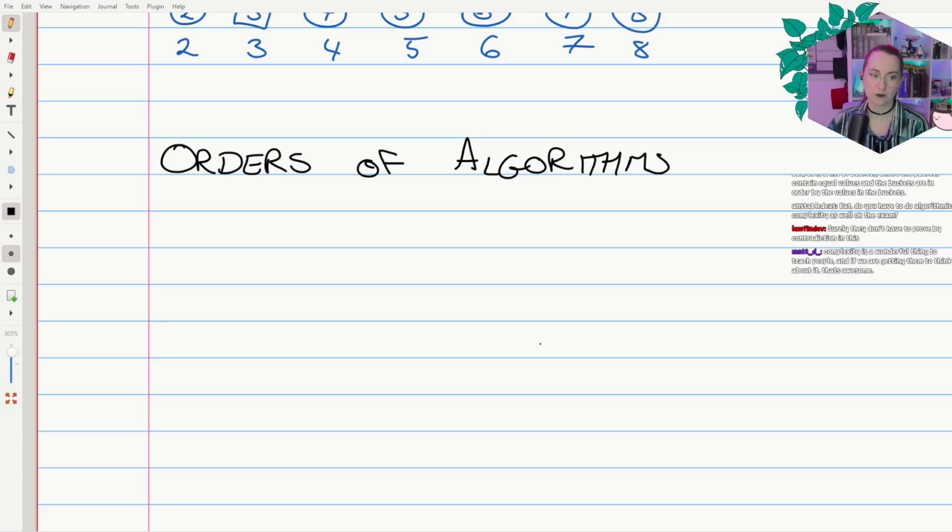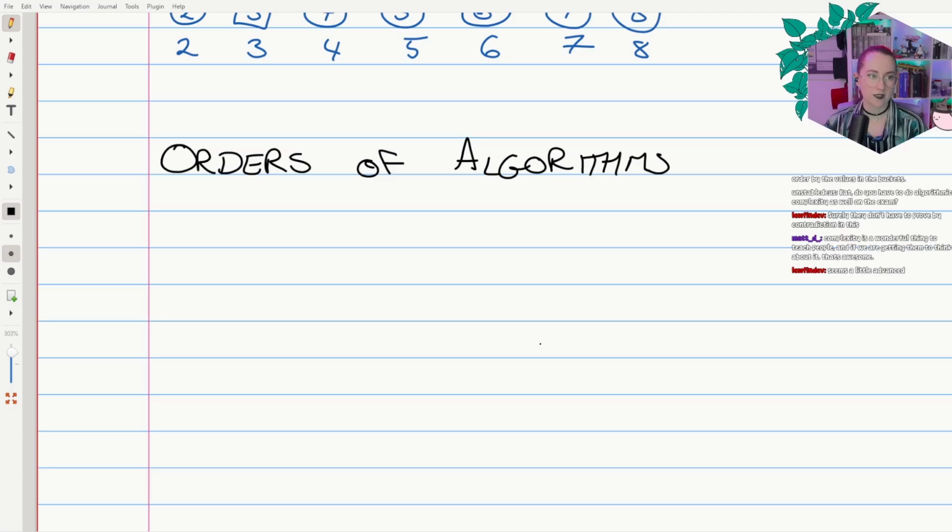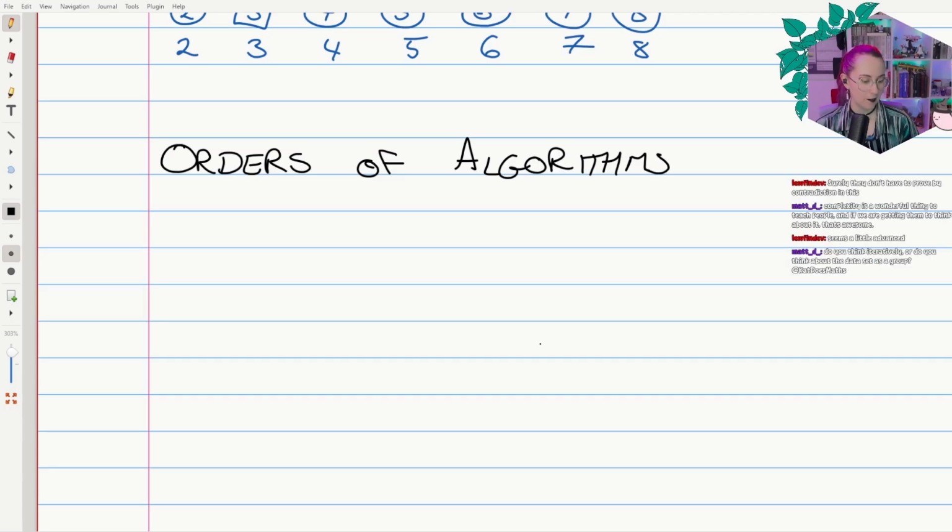However, I am going to write O of n and O(n) squared and stuff using big O notation because it's quicker to write, but I know that that's not what they're being taught here.